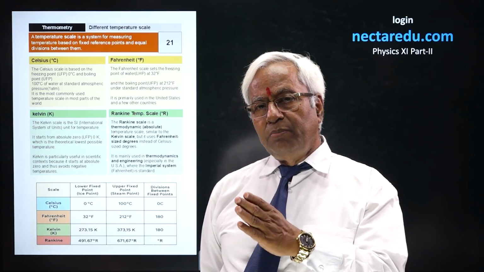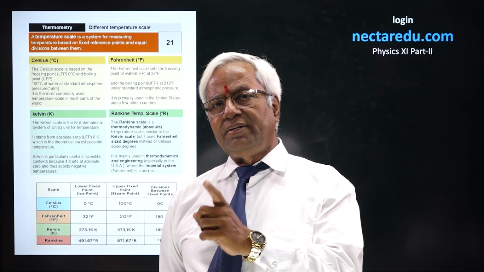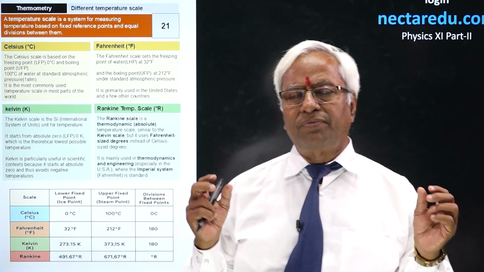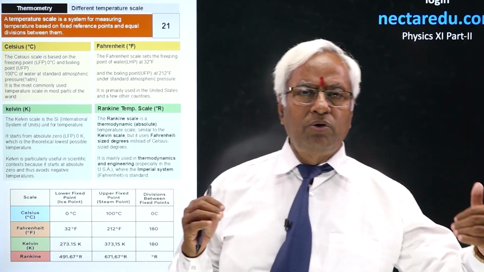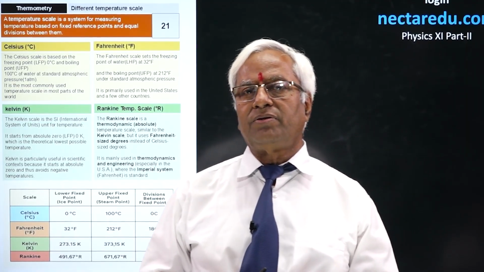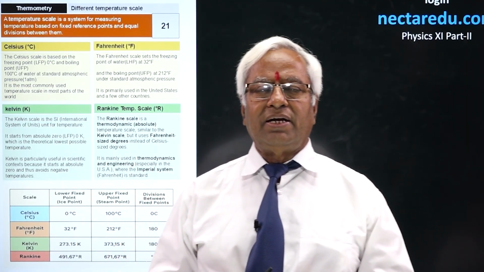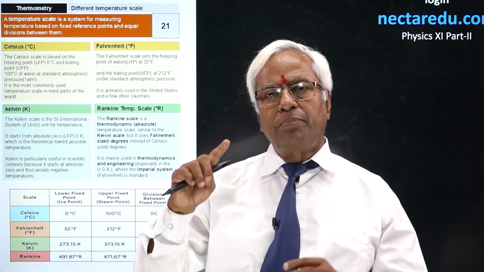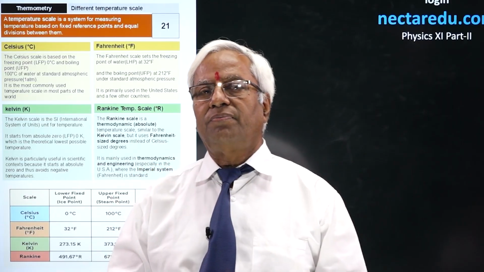Similarly, boiling point of water, that is 100 degrees Celsius. These 2 points were considered as fixed points. One is called lower fixed point, that is freezing point of water, and the other is called upper fixed point, that is boiling point of water.